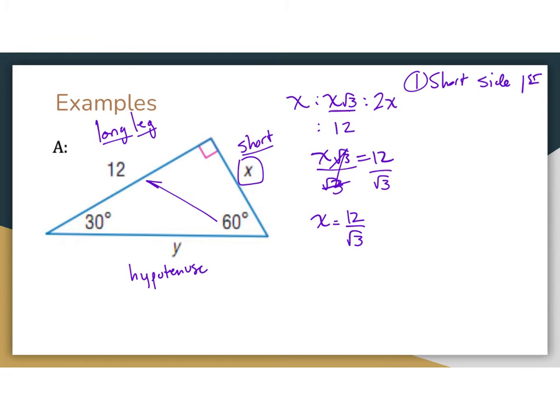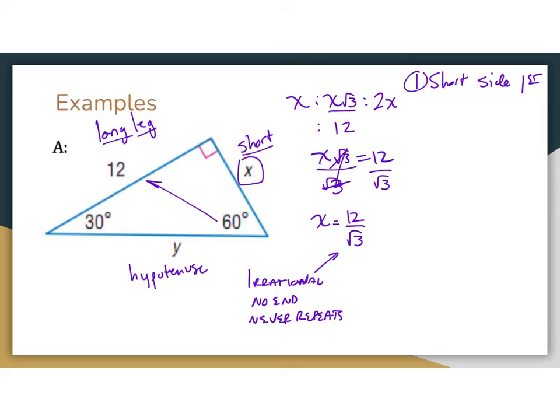And similar to the 45, 45, 90 triangles, when we're talking about square root of 2, square root of 2 is irrational, as is square root of 3. Recall that this is irrational. That means no end and never repeats. That's an irrational number.